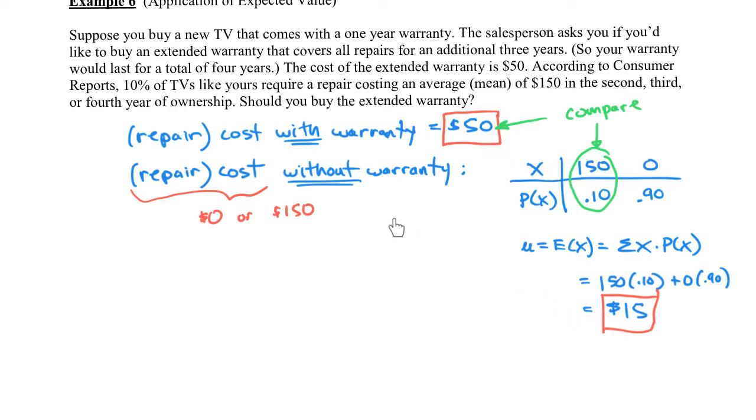Some people are going to reject this extended warranty every time just because they're pretty good at taking care of things. They haven't had any bad things happen or any real bad luck happen. But it's just a personal preference. But this is how you figure it out. And then from that point, it's up to you.